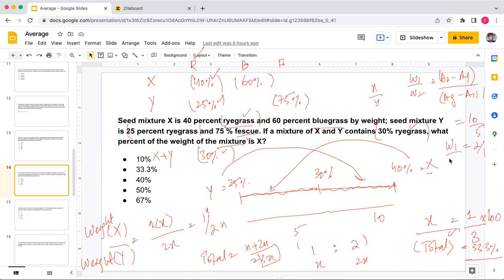And W1 over W2 is equal to 2 over 1. This is actually a ratio. You can write this as 2X over X, which is exactly written here. You can also solve this by this thing, but if you are still confused in the ratio part, try to simply use this formula.